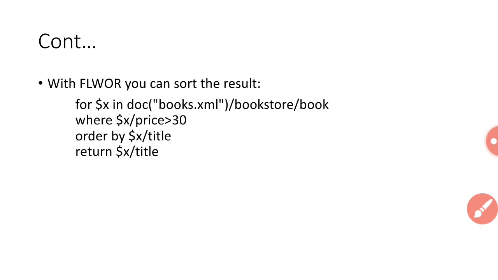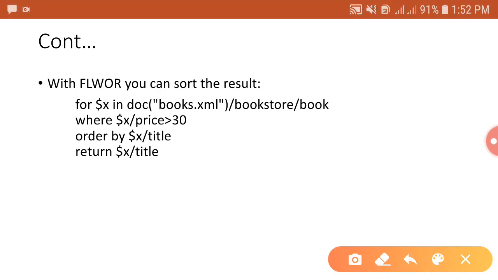Now with FLWOR expressions you can also sort the result like this by using the order by clause. Here the for clause selects all book elements under the bookstore element into a variable called x. The where clause selects only book elements with a price element with a value greater than 30.